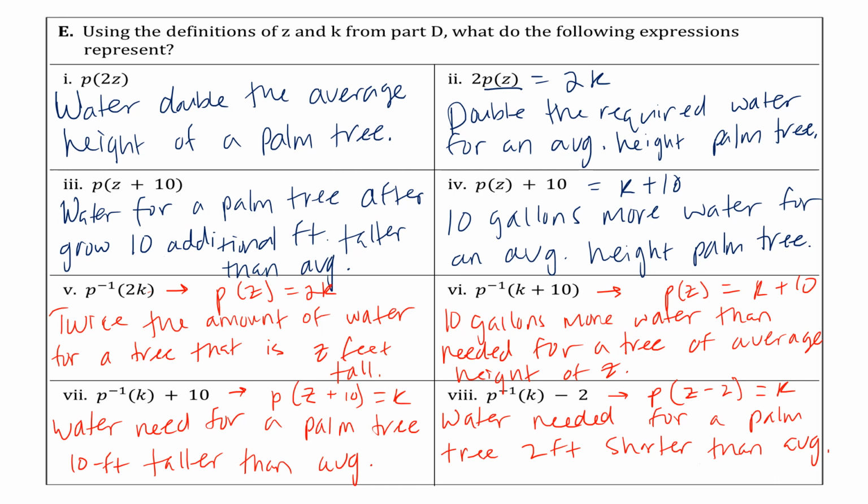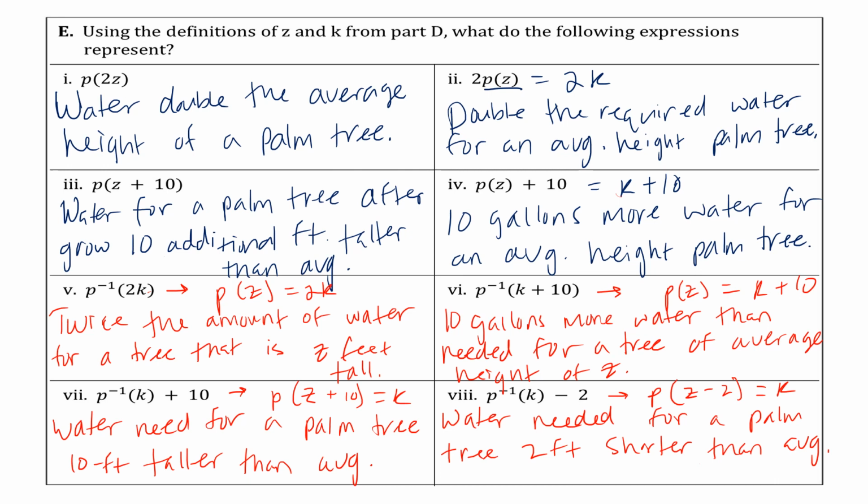Here, I was doubling the height because z represented my height. Then we have P of z plus 10. So this time again, z represents the height, so I'm adding additional feet to the height. Here we have P of z plus 10 on the outside, which is P of z equals k, and so we have k plus 10, which means we're adding 10 gallons more water for an average height palm tree. Now we're on to the inverses.